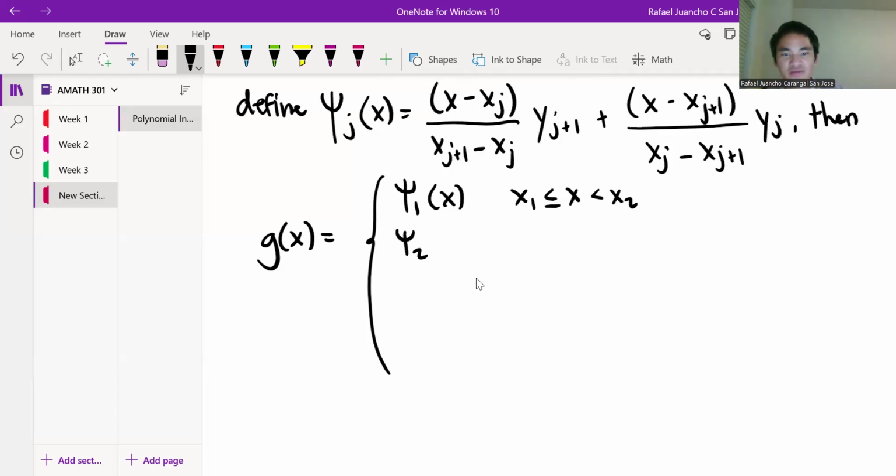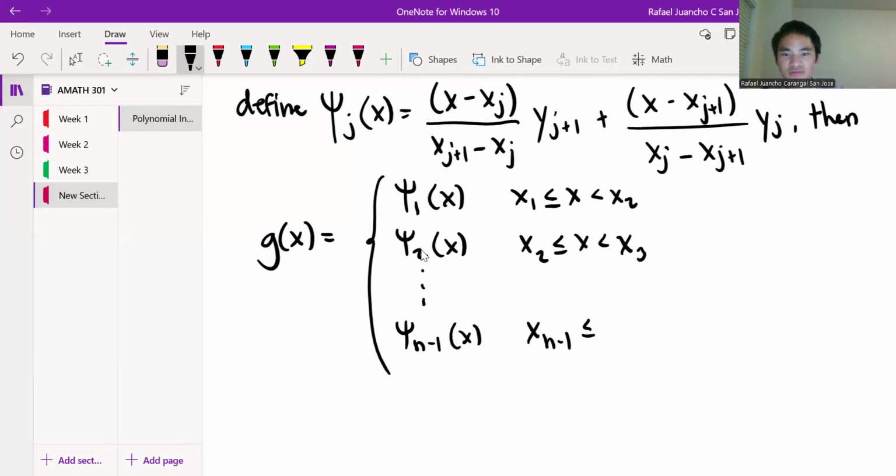For psi 2, we're going to find from x sub 2 to x sub 3 exclusive. And then we continue, all the way to n minus 1, that's going to be xn minus 1, xn, right? And this interpolates f, right?